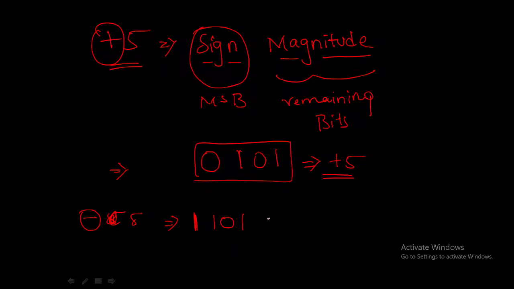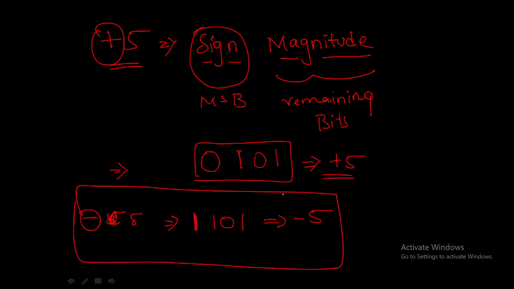So for plus 5 it is 0 1 0 1, and for minus 5 it is 1 followed by 1 0 1. This is how we represent positive and negative numbers in sign magnitude representation.